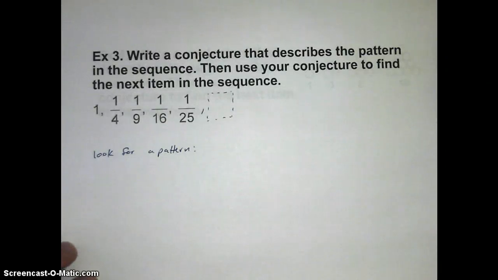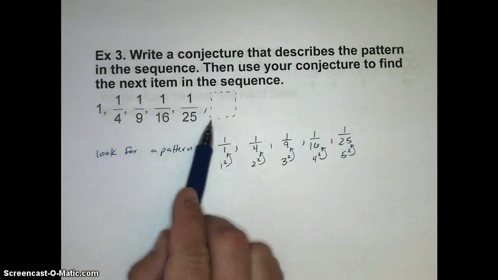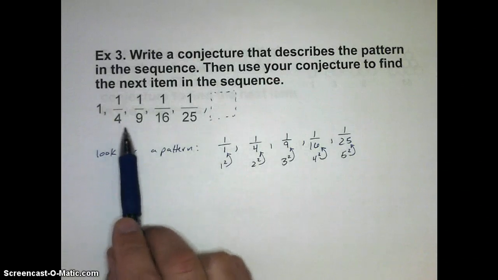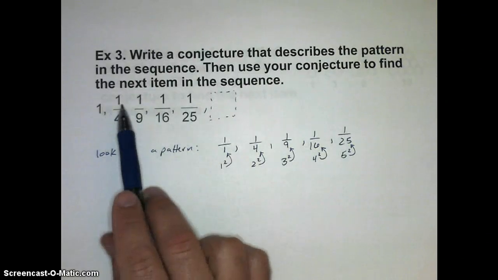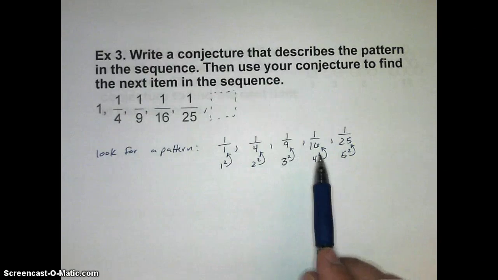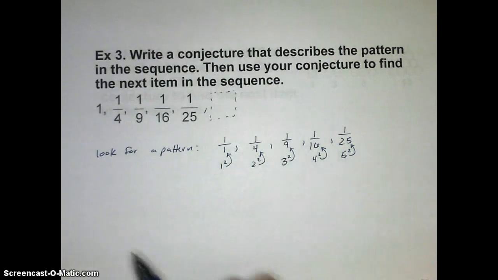All right, after looking at that, we should see that the pattern is this. Every one of these numbers is a fraction. Even 1 can be written as the fraction 1 over 1, and the denominator of each fraction is what's changing. The numerator stays 1, but the denominator is increasing by perfect squares. That means each denominator is the next perfect square.